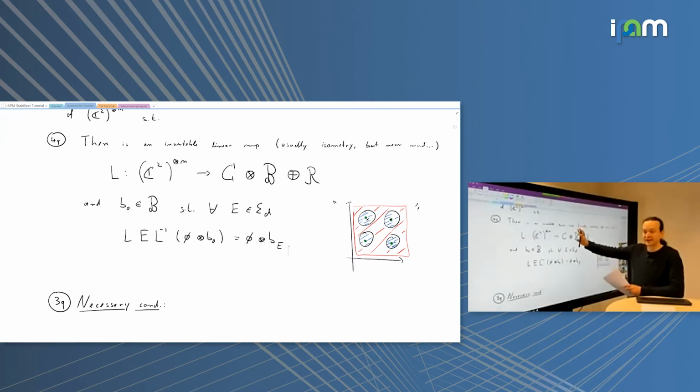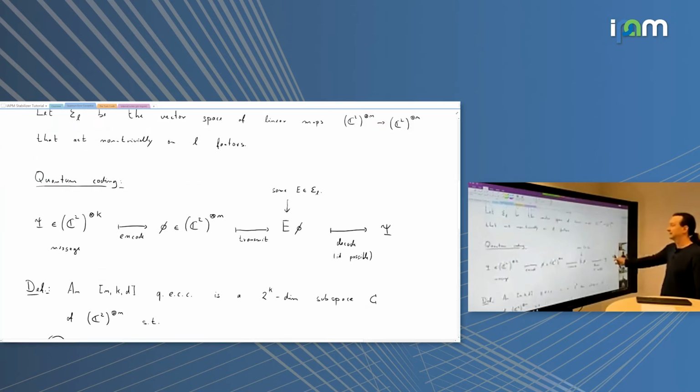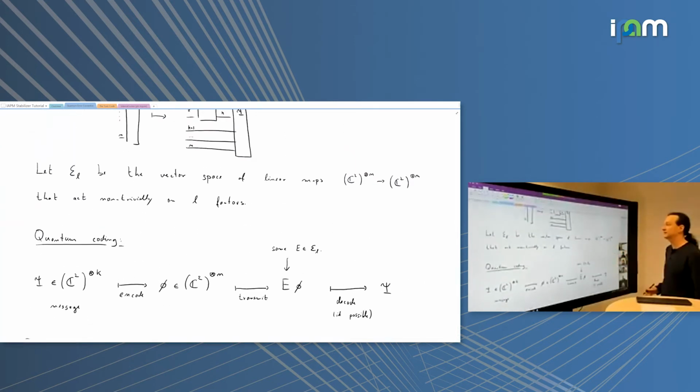Good. There is a question in the chat, I think it's good to ask at this moment. Someone was wondering why the code space is a vector space. Yeah, it has to be a vector space. It is the space of all the linear maps that act non-trivially on L factors.